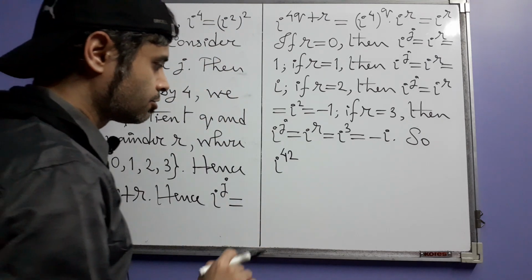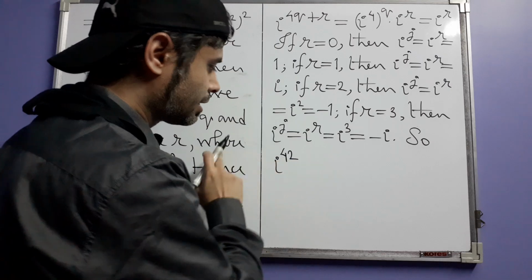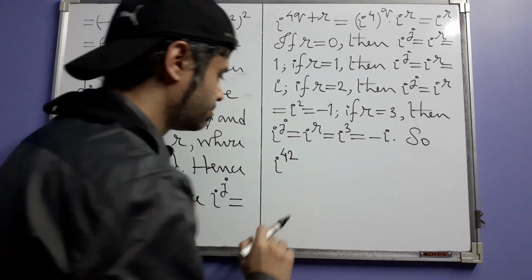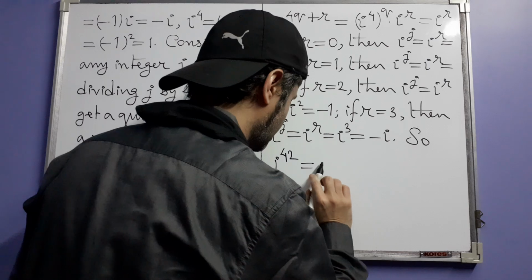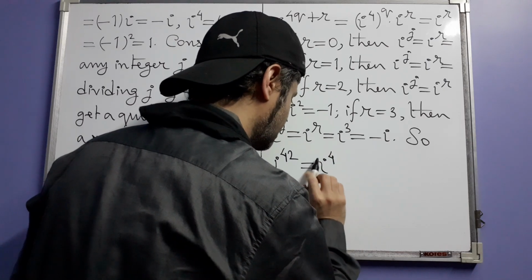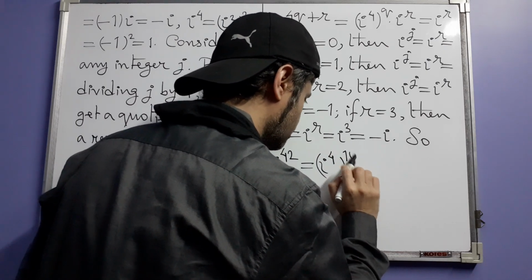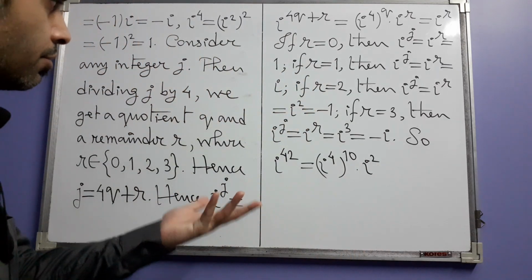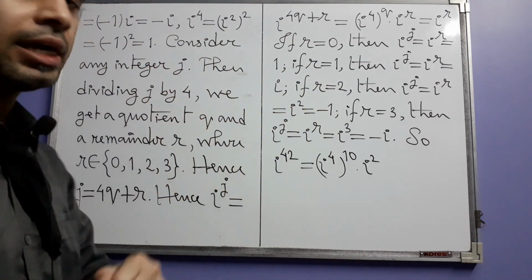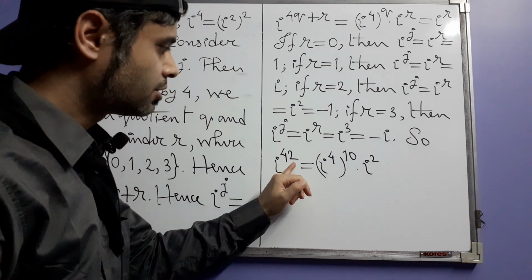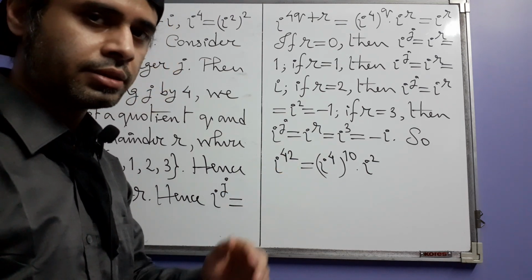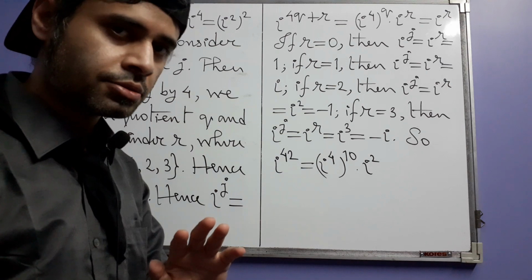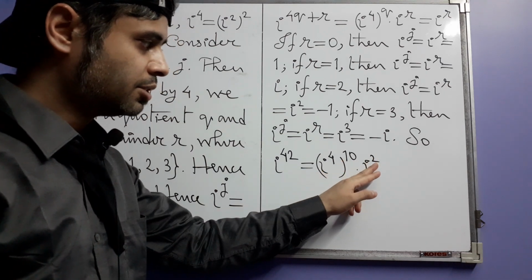Okay, so the thing is that you have to take apart the part that has 4, like this: i to the power 4 to the power 10 times i square, or whatever we did here, you can do that also. You divide 42 by 4, then that means writing 42 as 4 times 10 plus 2, so the remainder will be 2.